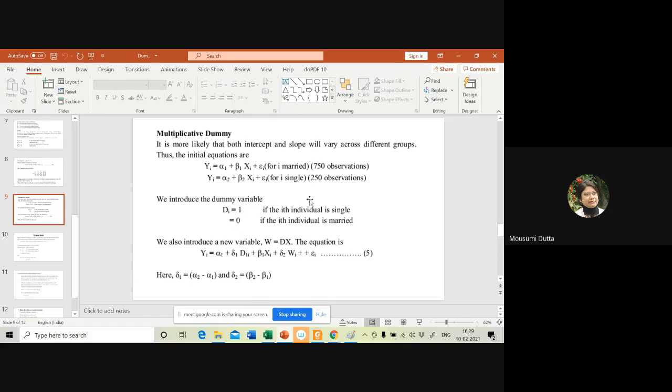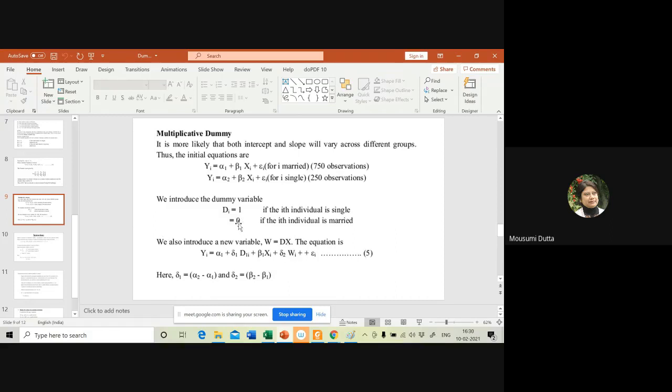First you write down when d1i is equal to 1, the equation is becoming yi is equal to alpha 1 plus delta 1 plus beta 1 plus delta 2 into xi plus epsilon i. Now what is delta 2? Delta 2 is nothing but beta 2 minus beta 1. So basically what you are writing is beta 2. And delta 1 is alpha 2 minus alpha 1. So basically you are writing alpha 2 plus beta 2 xi plus epsilon i.